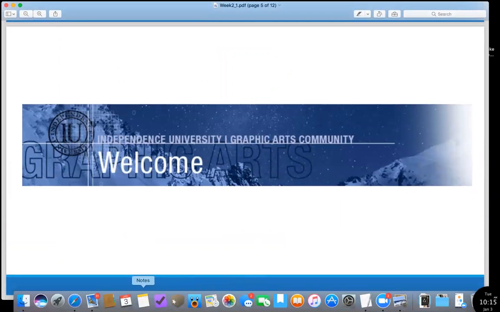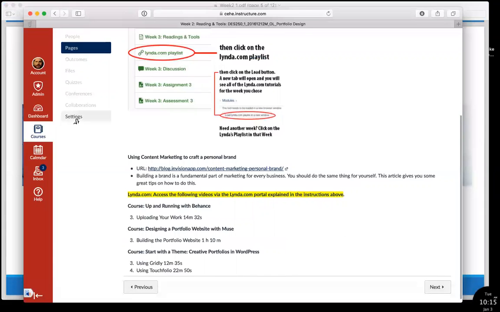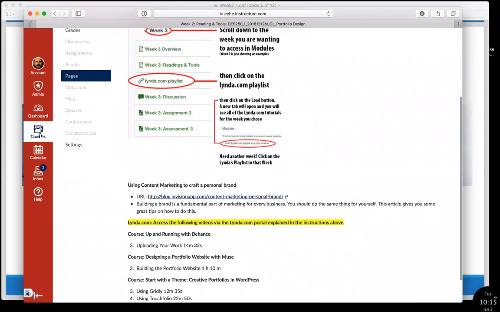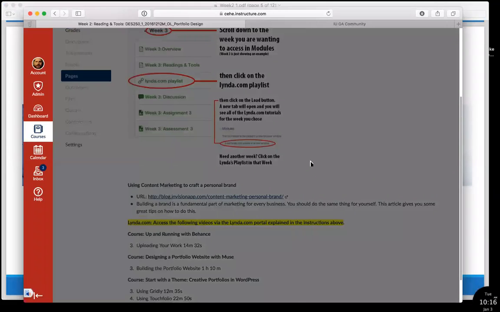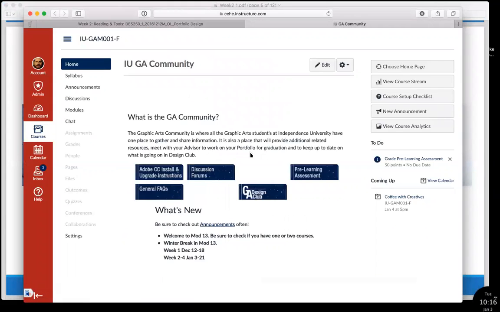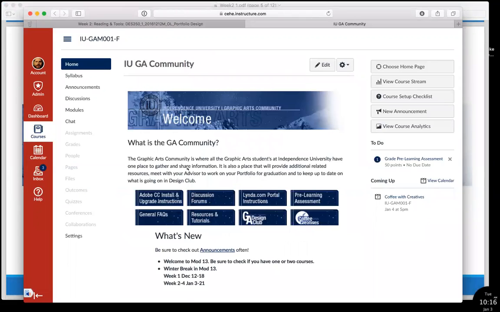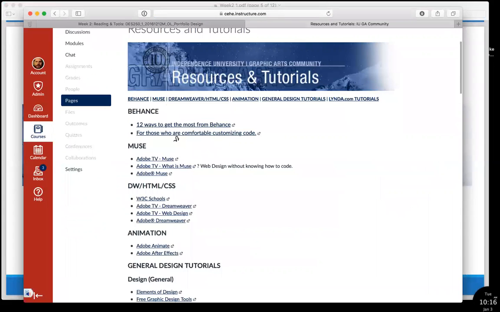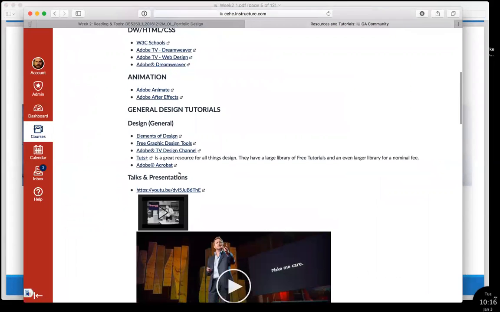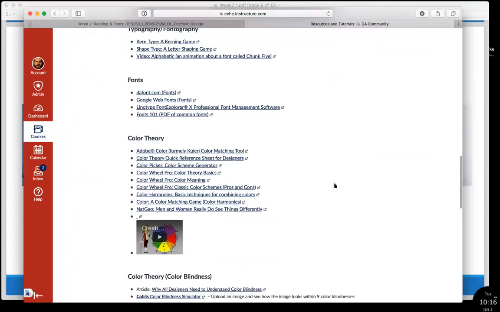You all have access to the IUGA community. Go in there real quick. And in here, you've got forums. You can get feedback from people. You've got this resources and tutorials section that has a whole bunch of information on Behance, or if you're interested in doing more with Muse, general design tips, all sorts of great information.